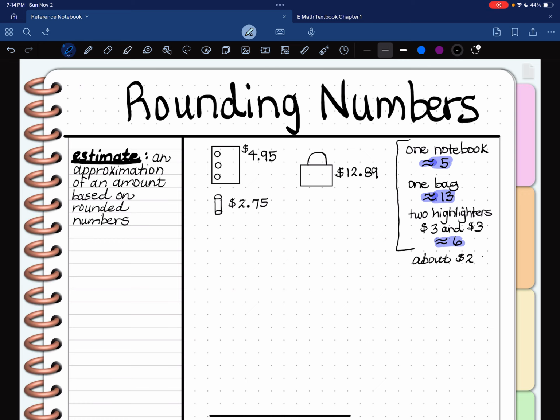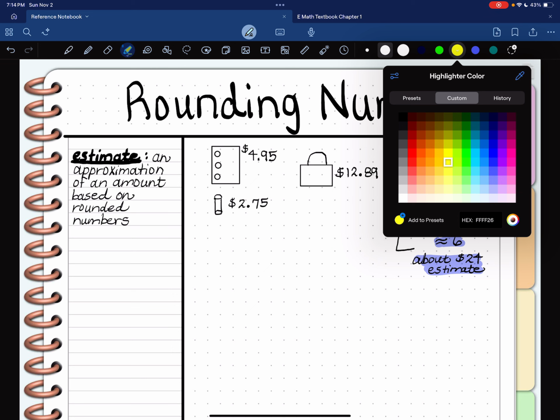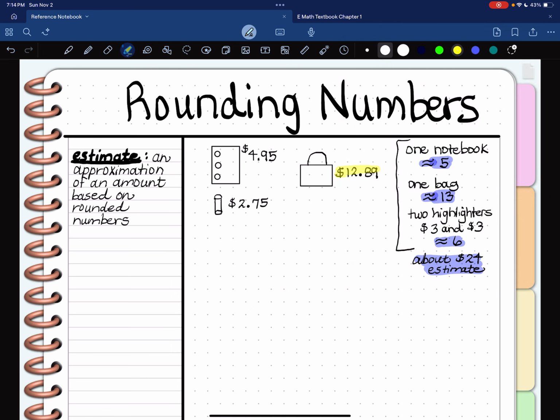And I got that by adding up those numbers. 5 plus 13 is 18, and 18 plus 6 is 24. So this would be the estimate. The other prices are exact prices. So this is the exact price of the bag, the exact price of one highlighter, and the exact price of one notebook.